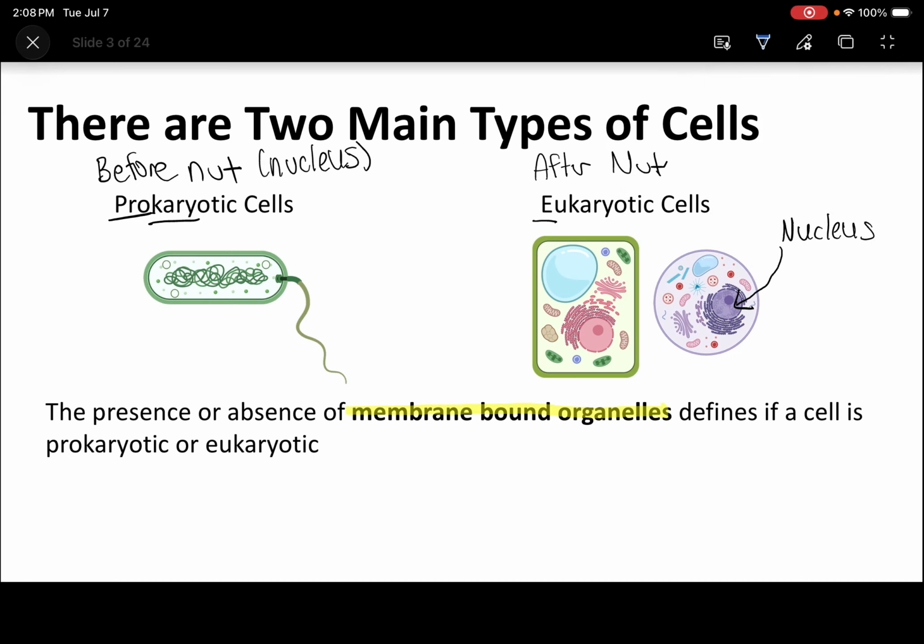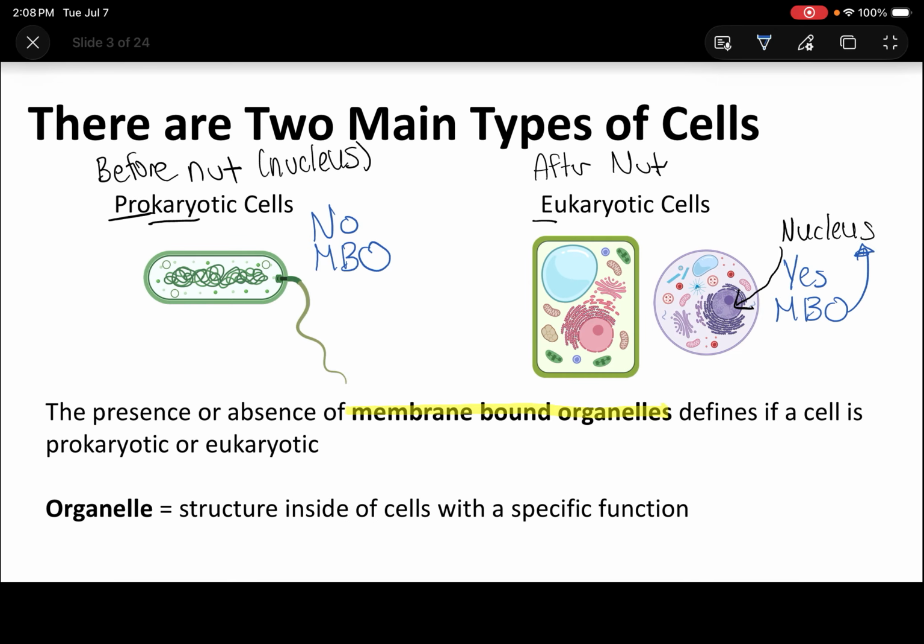So prokaryotes have no membrane-bound organelles. Eukaryotes do have membrane-bound organelles, and that includes the nucleus. So whether or not a cell has these membrane-bound organelles defines if a cell is prokaryotic or eukaryotic. So that is the presence or absence of the nucleus and other membrane-bound organelles.